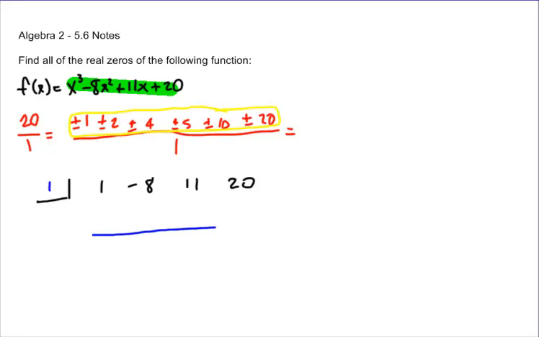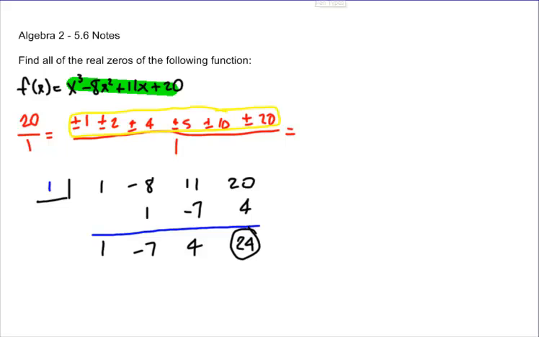We do synthetic division with 1: bring down the first 1, multiply, and add, multiply and add, multiply and add. And we got a remainder of 24.